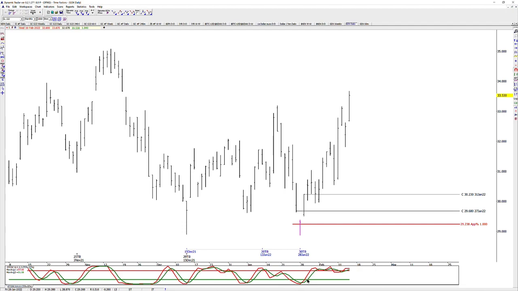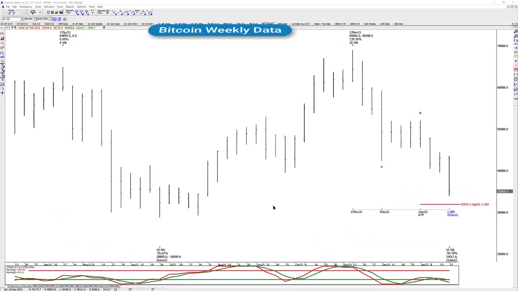This is Bitcoin weekly data, and it covers about a year's worth of time from this major high that was in April 2021. There is a 10-week decline, over 55% in those 10 weeks. That's quite a decline. Then it had this 20-week advance.